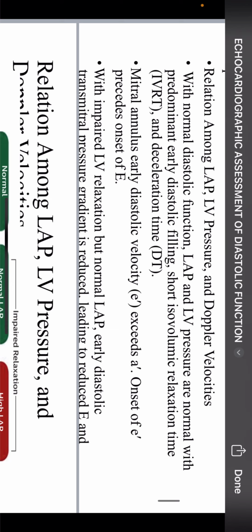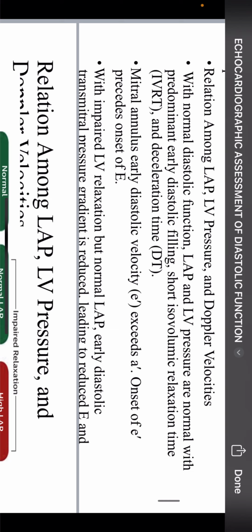We should keep LA pressure as low as possible, and the LV diastolic pressures as low as possible, and we should create enough pressure gradient to drive blood flow. Blood flows following a pressure gradient. If there is no pressure gradient, no blood flow is going to be there, and stasis of blood will be there. We don't want that.